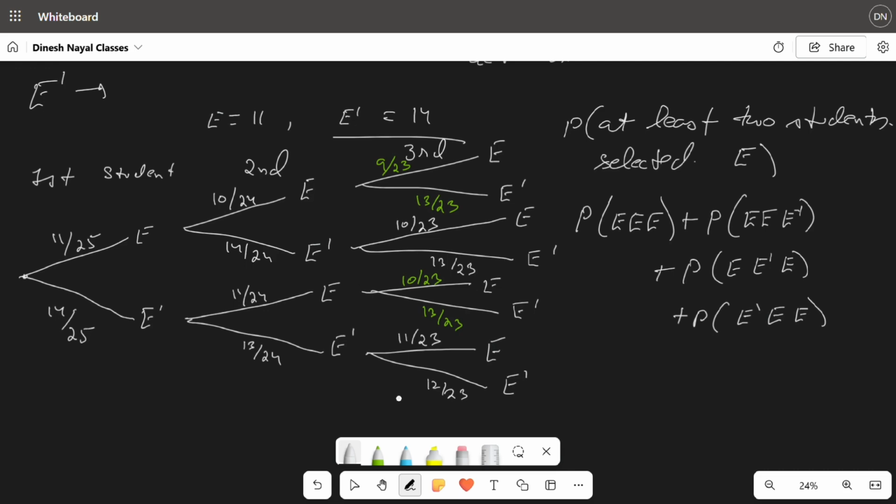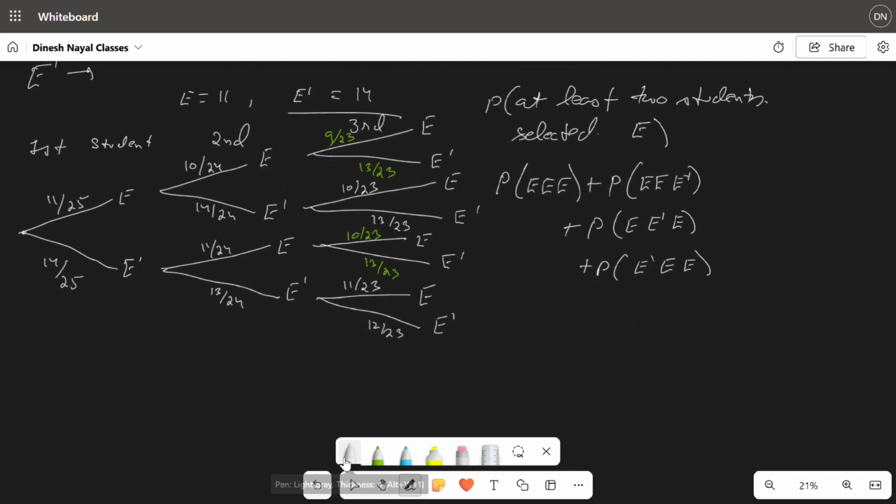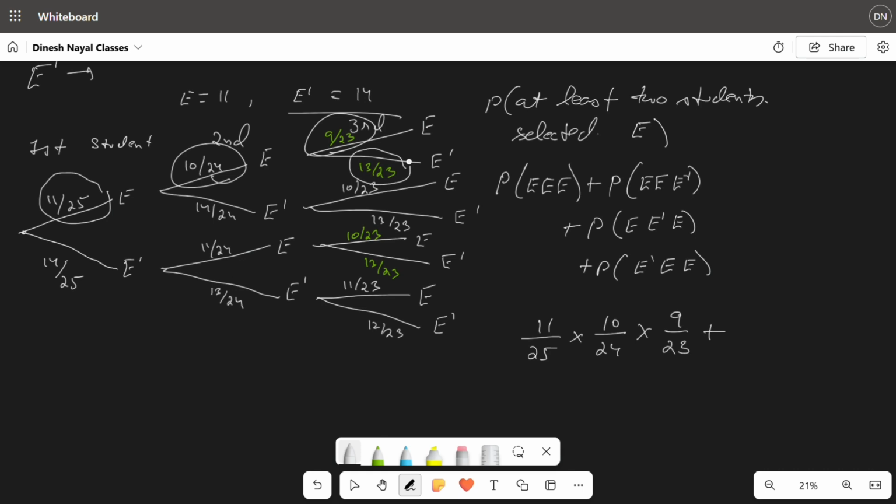Now let's move to the tree diagram and take the reference. Triple E is 11 by 25, 10 by 24, 9 by 23. So 11 by 25 into 10 by 24 into 9 by 23. Plus now E E E dash: 11 by 25 into 10 by 24 into 13 by 23.